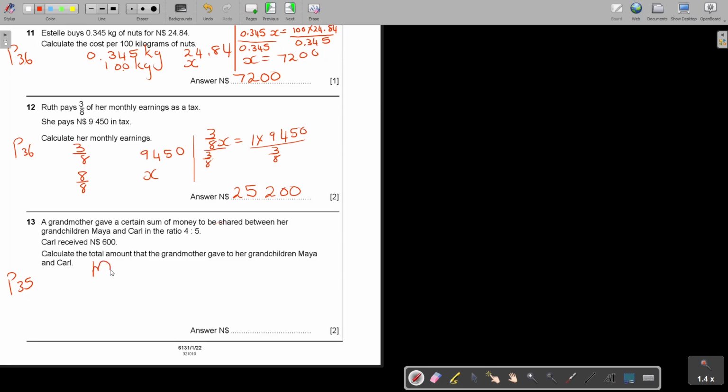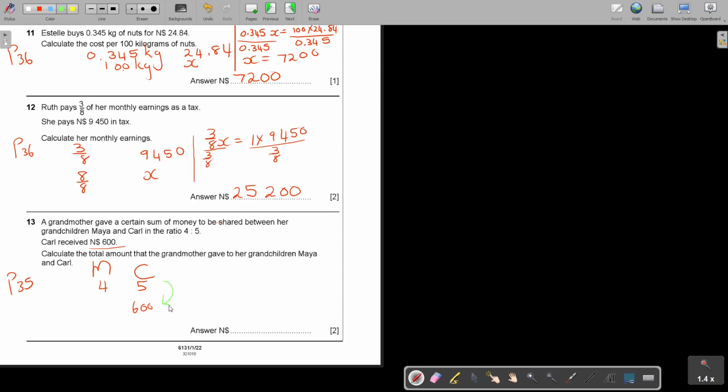So if you go on to page 35, MC, this is Maya and Carl. And she does it in the ratio 4:5. Maybe one is 4 years and one is 5 years. Okay. And now I know that Carl received 600. So I know his outcome. So I must see with what, and I'm going to take another color, I'm going to see with what did I multiply.